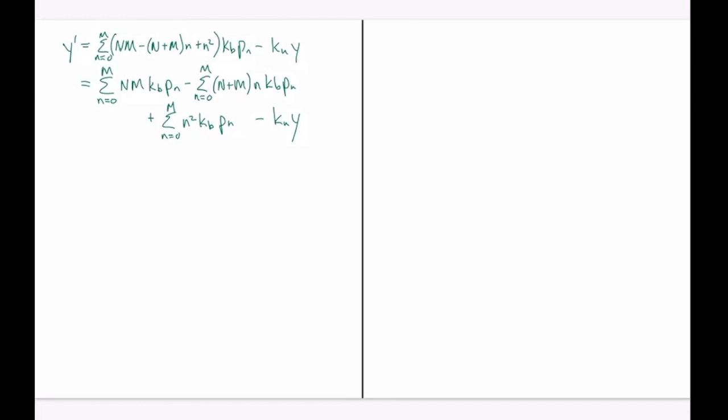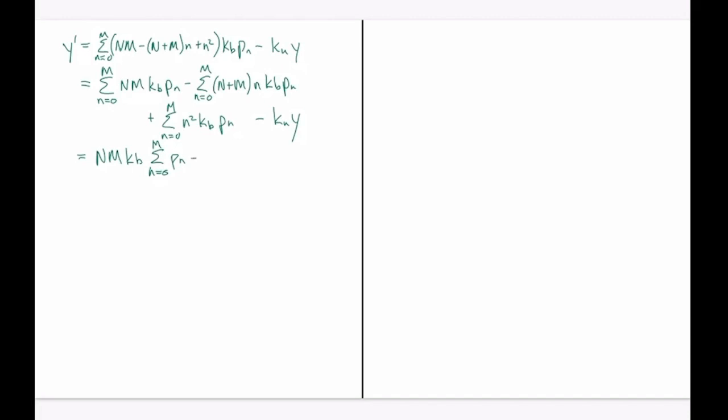All right, so this first term, I can factor out the n and the m, which are just fixed constants, as is kb. So we have the sum from n equals 0 to capital M of pn. Well, that's a total probability. So this is just 1. I'll replace that with a 1 in a second.